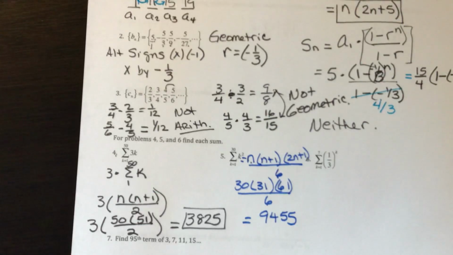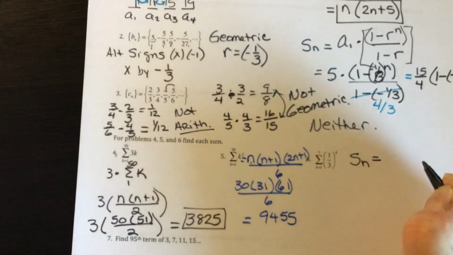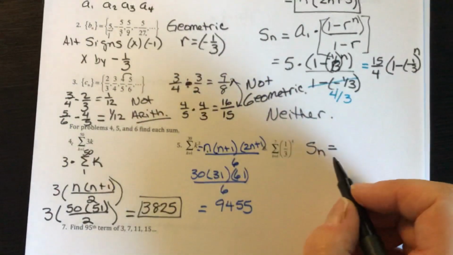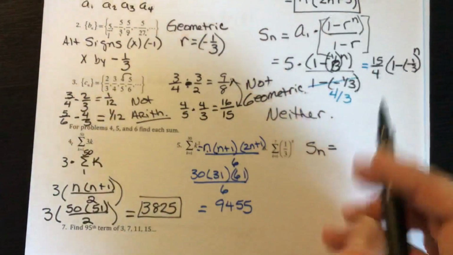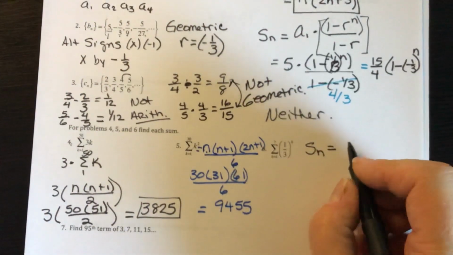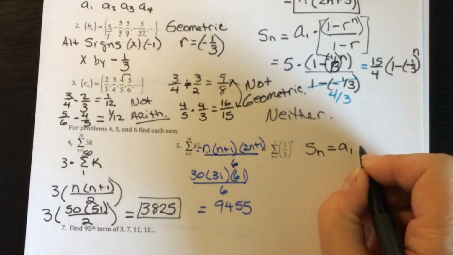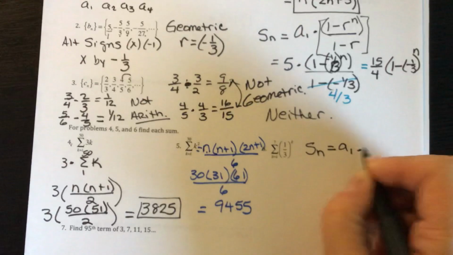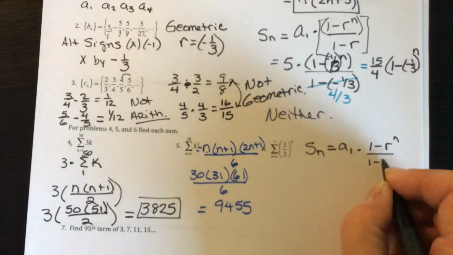So if I want to find the sum of this geometric sequence, I'm going to use the formula that we just used up here, where I start with a sub 1 times 1 minus r to the n over 1 minus r.